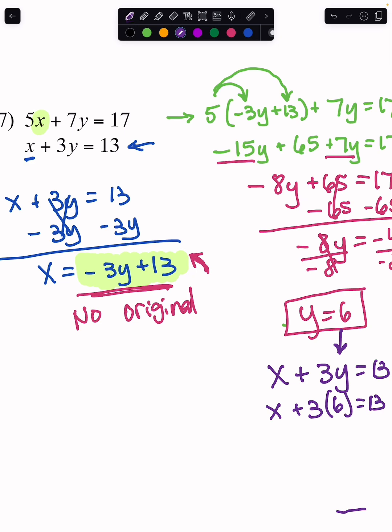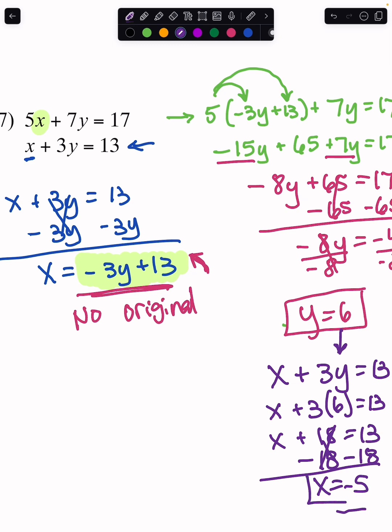I'm going to subtract 18 from both sides. X equals negative 5. So my answer for this one is negative 5, comma, positive 6. Okay? All right, let's see.